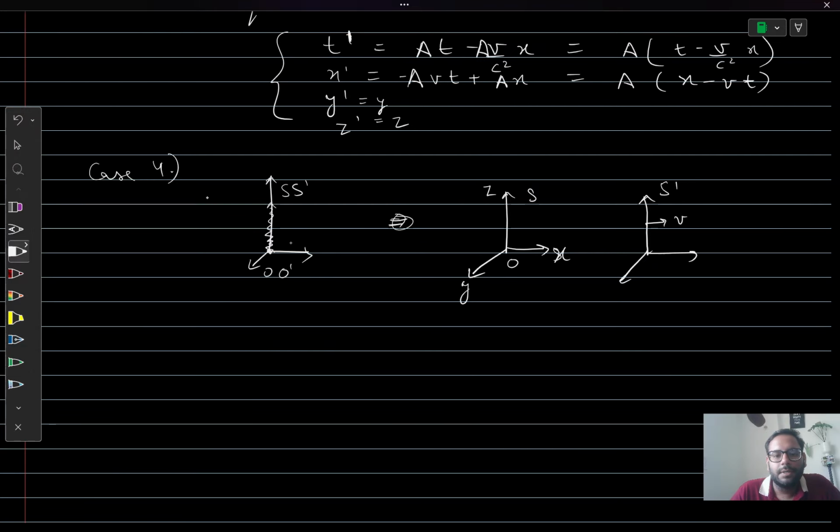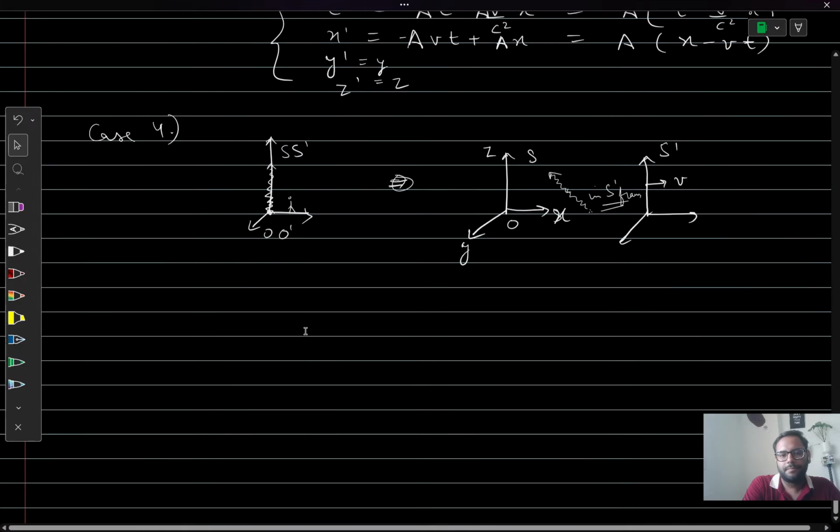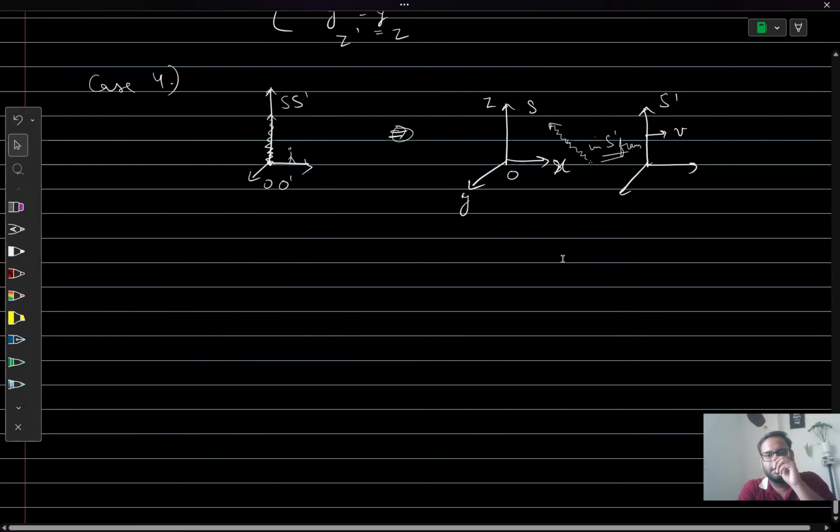You were standing here at the origin, seeing this light. Imagine yourself in the S prime frame, and suddenly this S prime frame starts to move in the rightward direction. What you will see is some motion; the light will travel like this in the S prime frame. The trajectory will be curved. You can observe this with a ball thrown upward also.